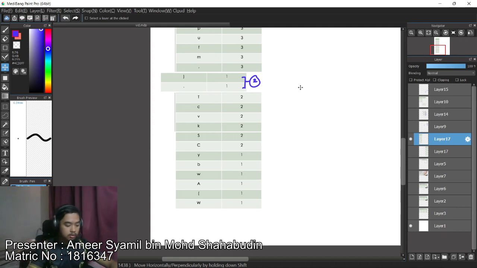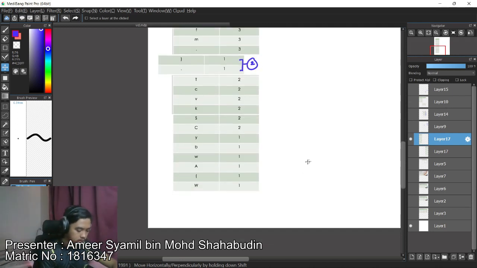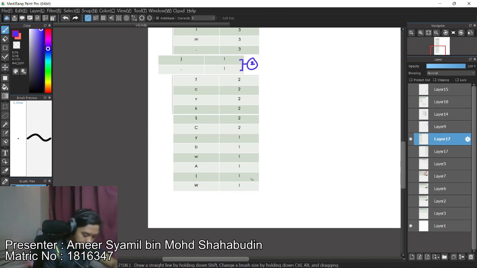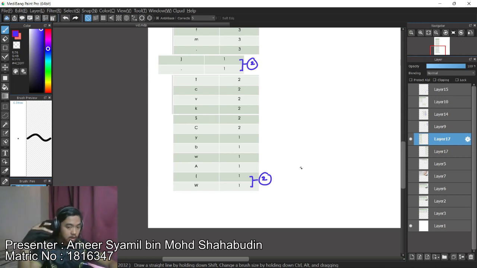Now that we have rearranged it in decreasing order, we continue the pattern. We take the two lowest frequencies, add them together, and they become one node. It has the same frequency of 2. As usual, we put it below the higher frequency. In this case, the higher frequency than 2 is 3, so we put it below 3.